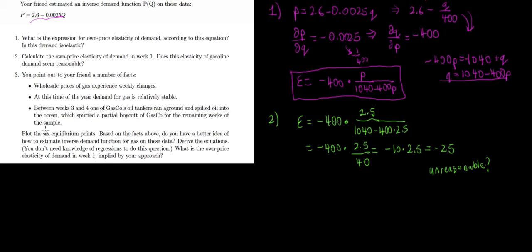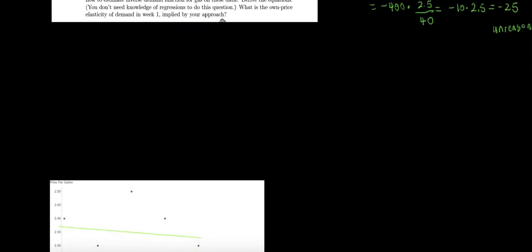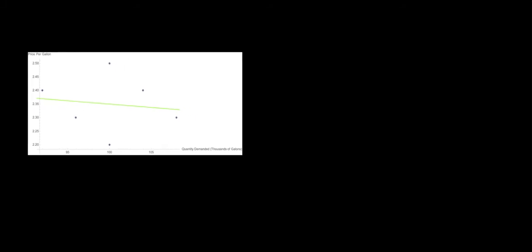So let's plot the 6 equilibrium points as well as the demand function that our friend estimated. I went ahead and did this ahead of time. So I plotted the points here along with the estimated inverse demand function.